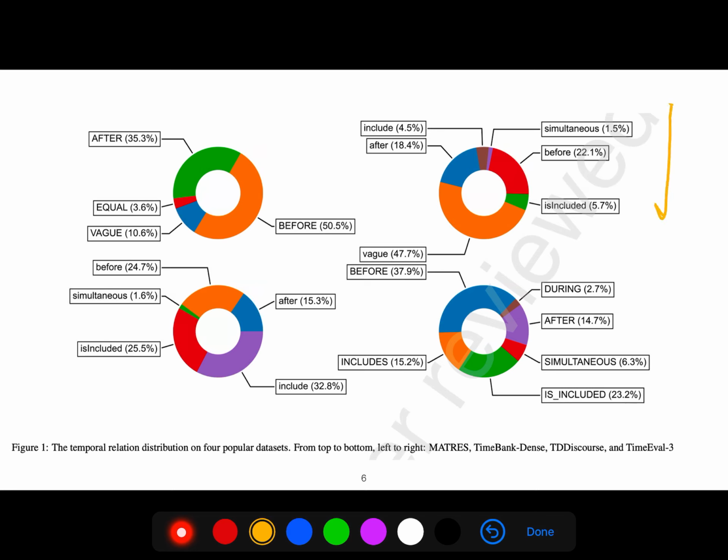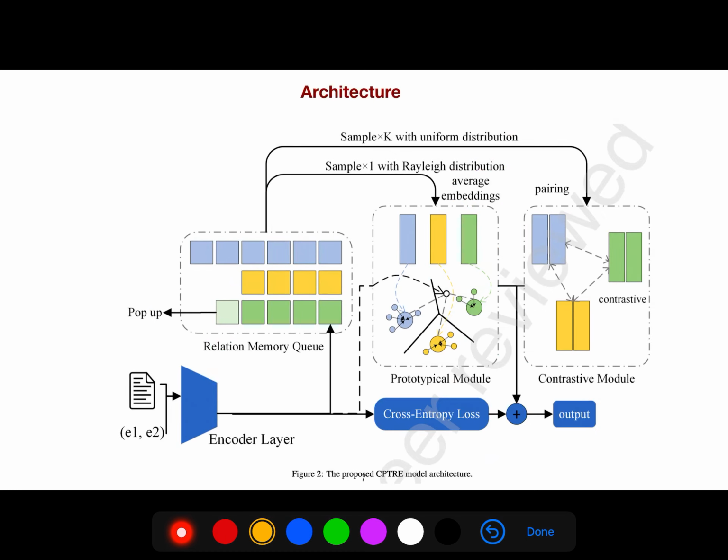From left to right, there are MATRES, TimeBank-Dense, and different datasets. So this is the architecture. But first we do encoding. Everything goes to the encoding layer, and then the output goes to the relation memory queue, which we can pop up.